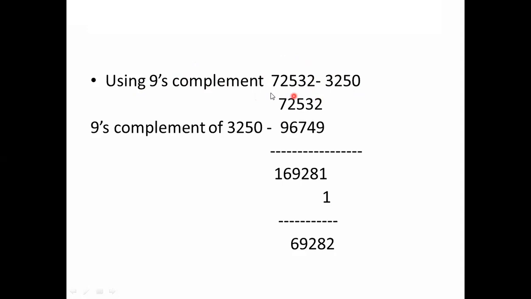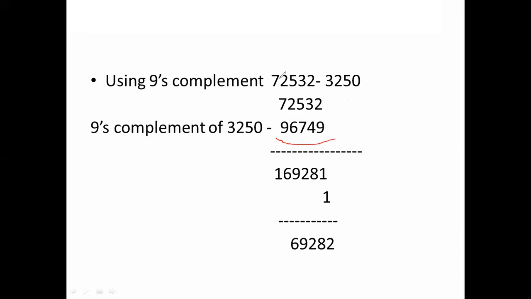Here, first take the number that is subtracted, that is 3,250. For that number you calculate the nines complement. How to get this result? See here, 3,250.